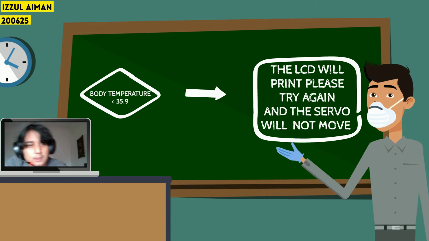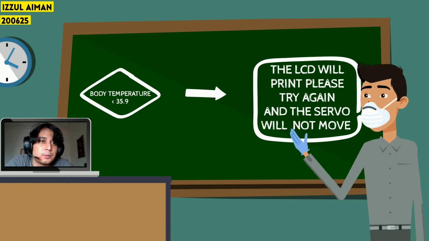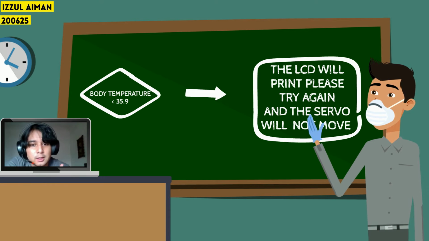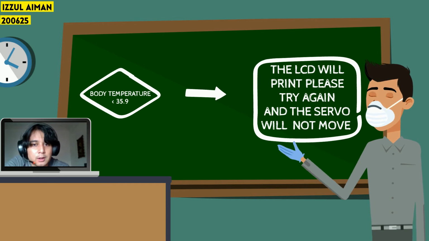So the servo will not move too, because we don't know the possibility whether the person has COVID or not because of a bug of the system.